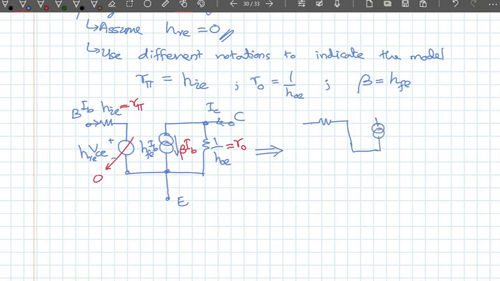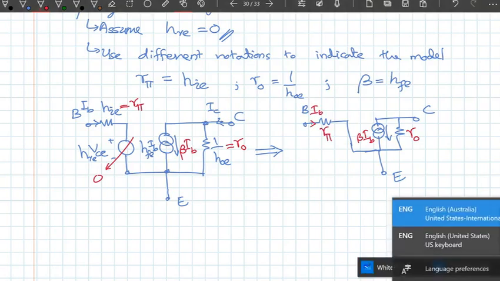We have the base, collector, emitter, the output impedance R out, and the dependent current source beta times IB. IB is the input current, and instead of HIE I have R pi.